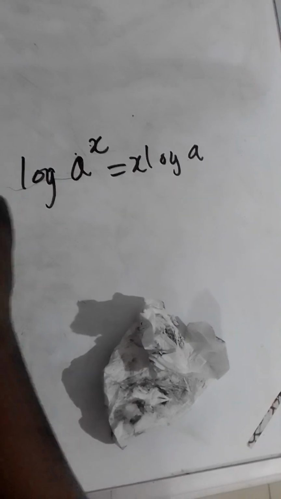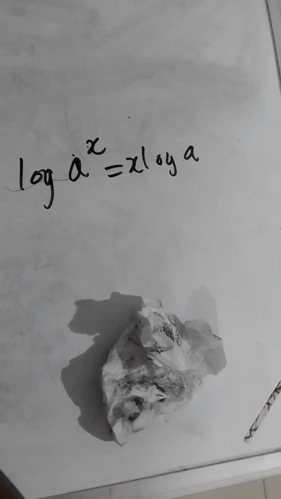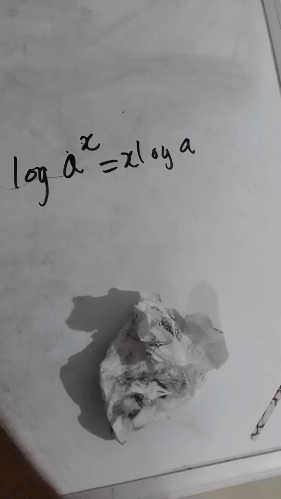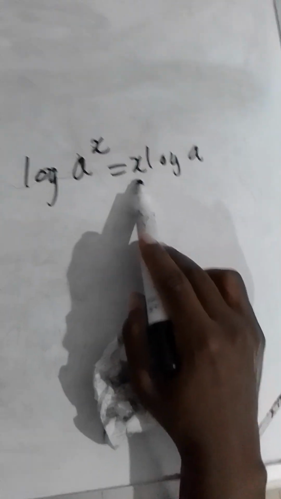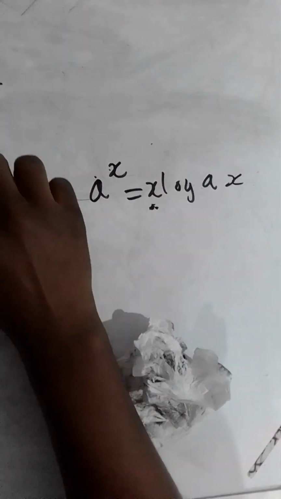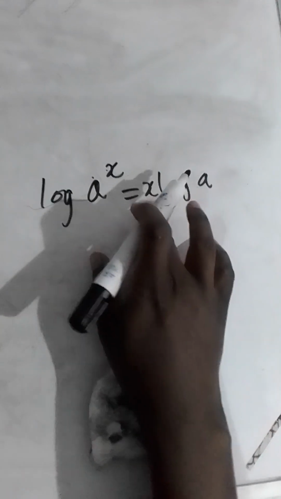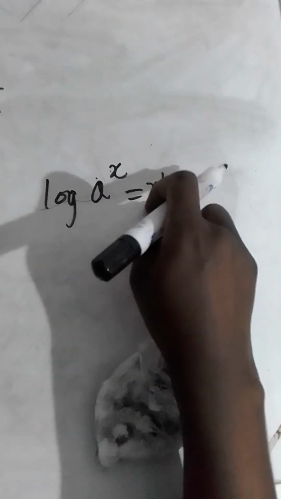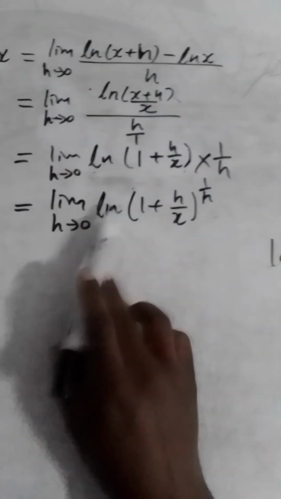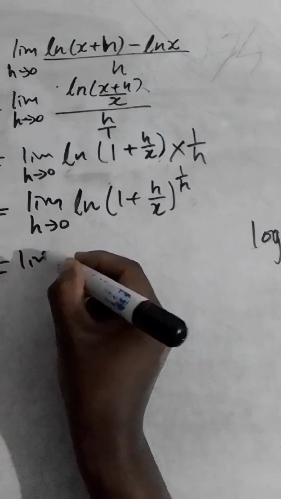In this case, we had 1 over h times ln of 1 plus h over x. So we can take the 1 over h and raise it back as the exponent. The 1 over h is multiplying the log, so we can make it the exponent. Now, by doing that, we have an interesting limit.